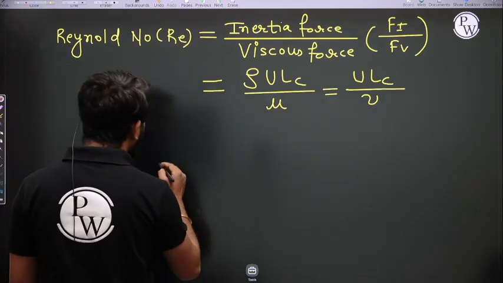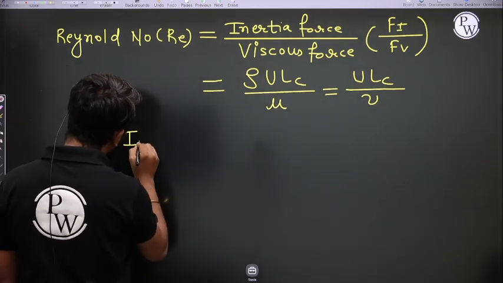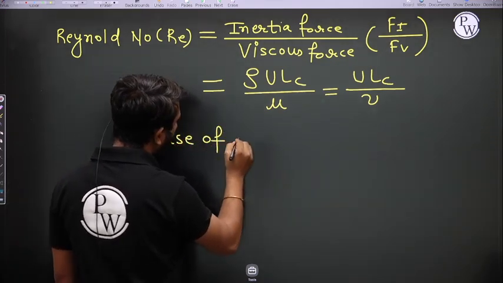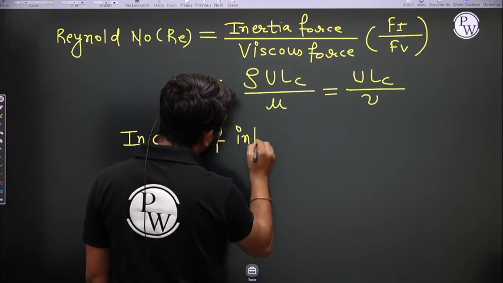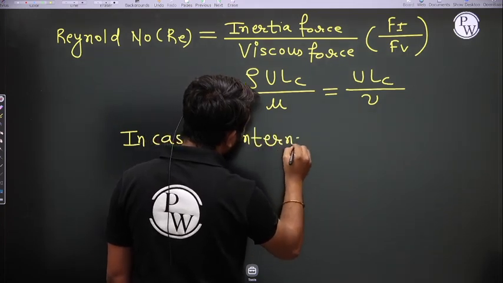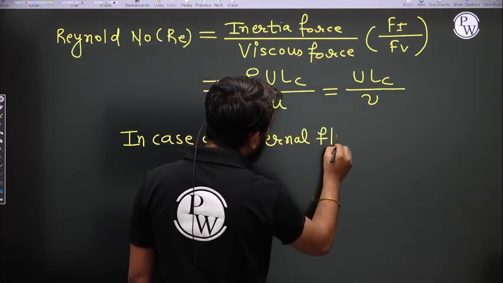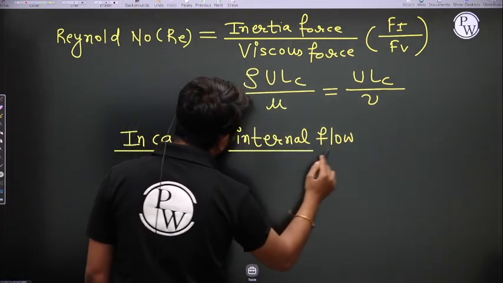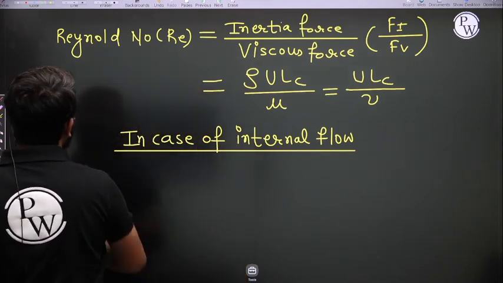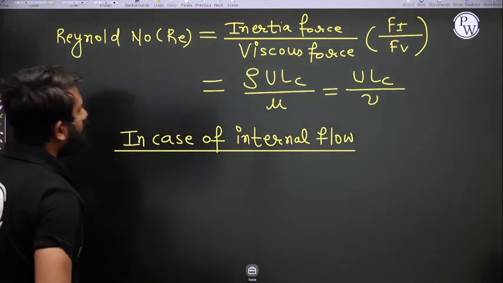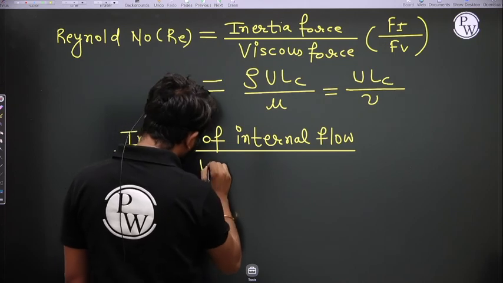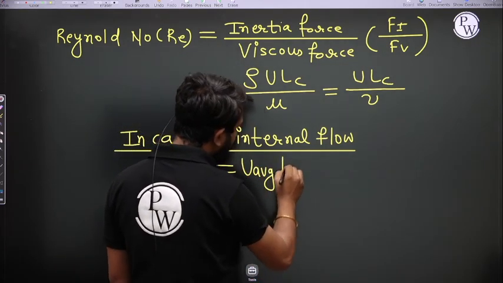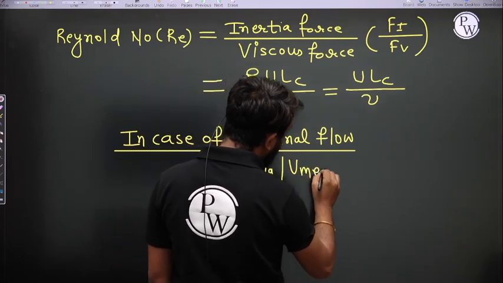Now, in case of the internal flow, this U is U average, or you can say U mean.